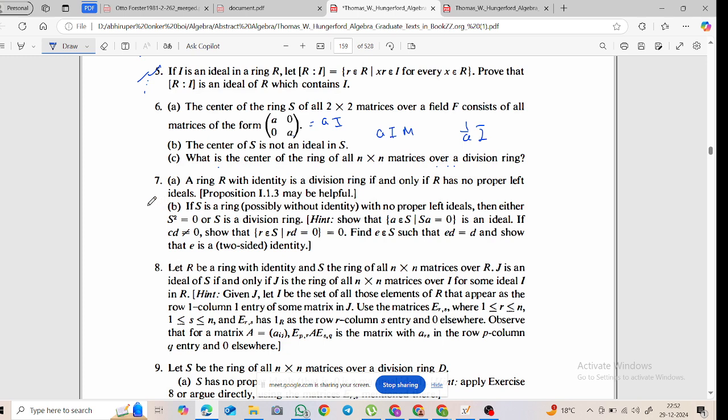If this is a ring, possibly without identity, no proper ideal.